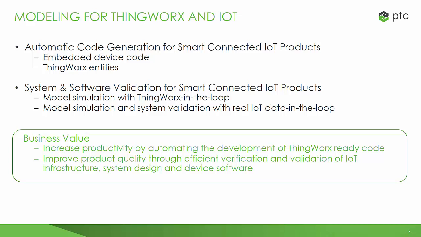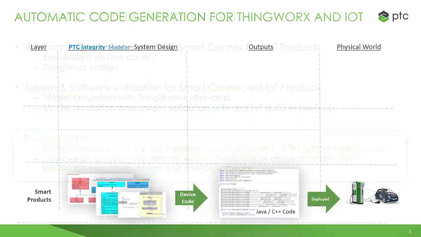Lots of business value here: increased productivity by automatically generating code from your designs, and also improved quality by making sure that that code is consistent across all the different parts, and that the system parts will fit together. But also by simulating and modeling first, so that you can find problems earlier in the software development lifecycle.